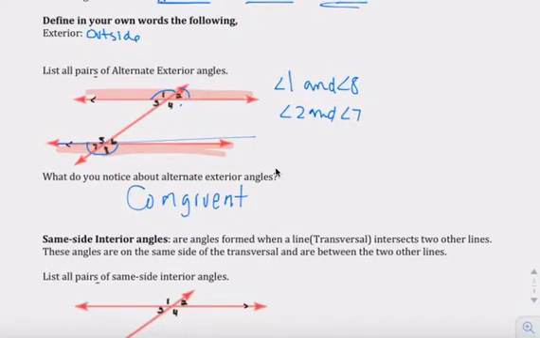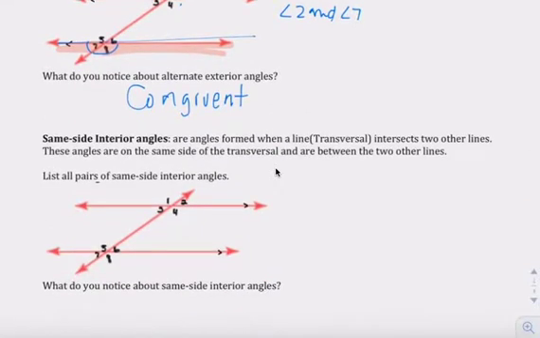Same side interior. Okay, same side interior. It is what it says. Interior. Let's highlight interior. Interior's inside. Same side.